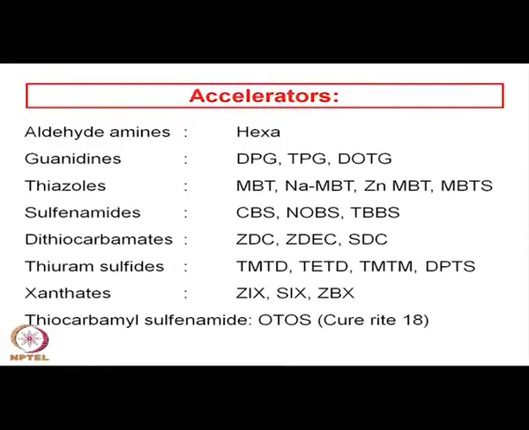In the previous lecture on rubber products, I was discussing the different types of accelerators used for the vulcanization or cross linking of different rubbers, natural rubber or synthetic rubbers.